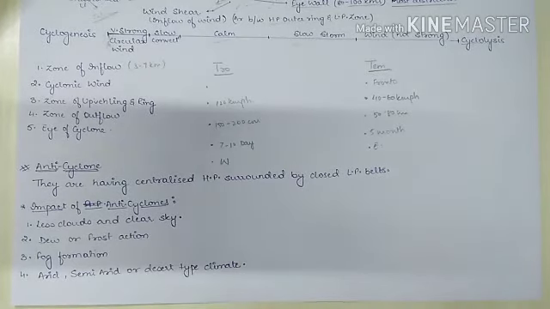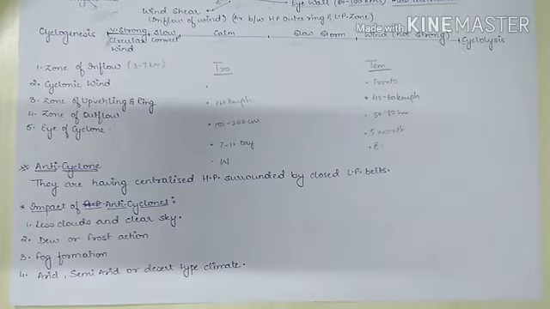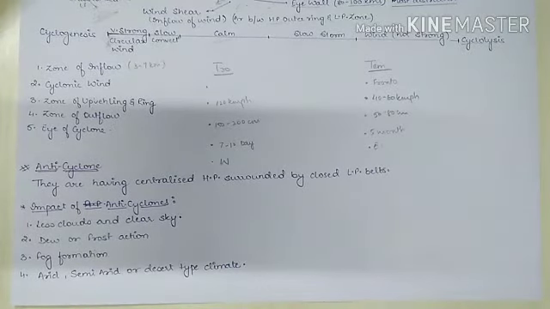So if we explain anticyclones, they are simply high pressure systems developing over the surface of the earth by several thermodynamic factors. Anticyclones in their formation and impact are entirely different from cyclones. Why?